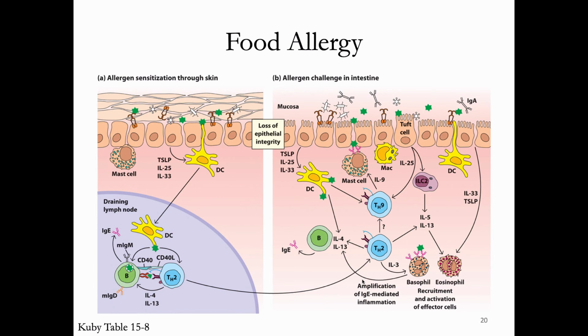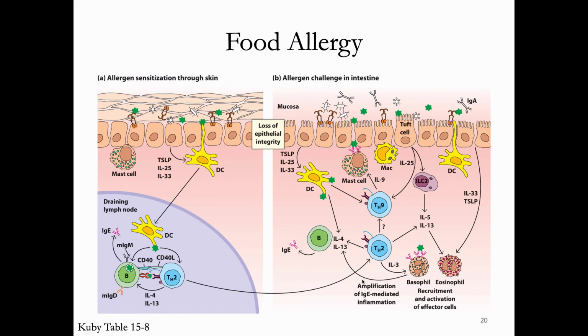You can see that process happening here as well, that if we first encounter an allergen through the skin, we might turn on a Th2 response in this case, or we might turn on some kind of inflammatory response. And then if we later see that antigen in the intestine, we might have sort of an inflammatory type of response.